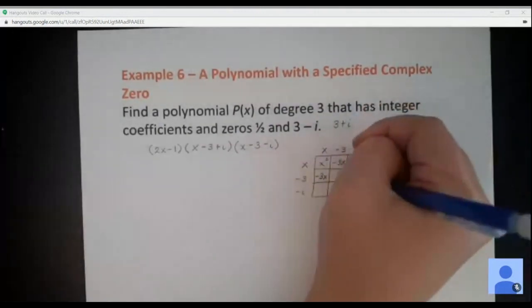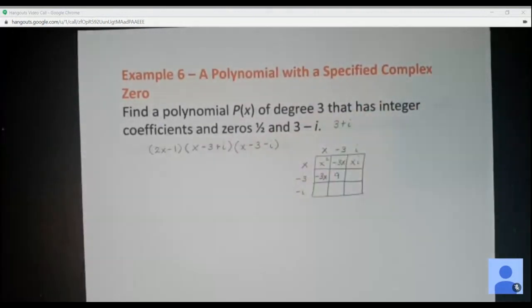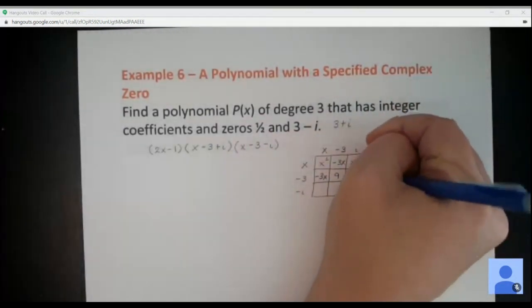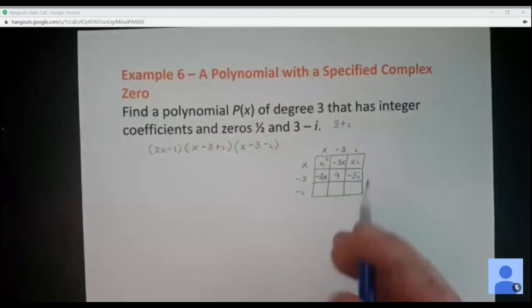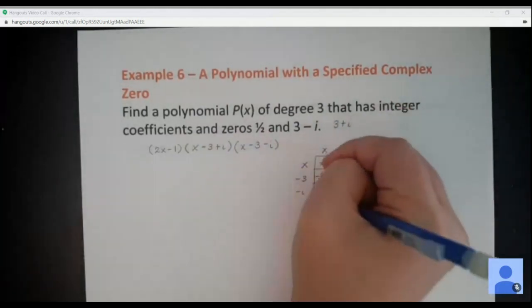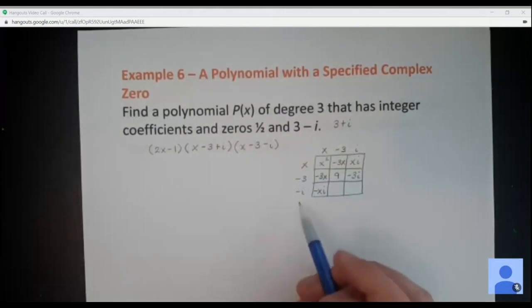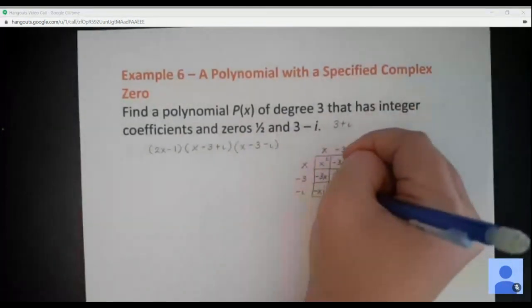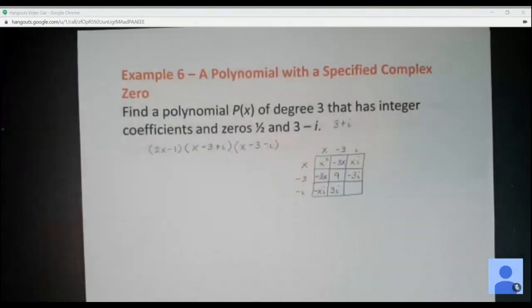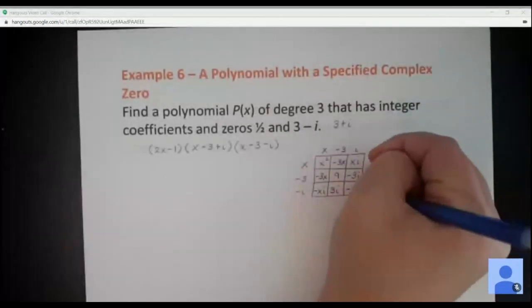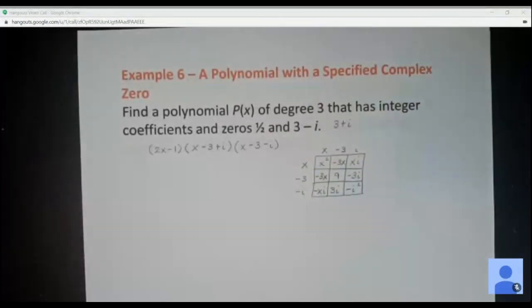Negative 3 times negative 3, positive 9. Negative 3 times i, negative 3i. Negative i times x is going to be a negative xi. Negative i times negative 3 becomes a positive 3i. And negative i times negative i is going to be negative i squared.